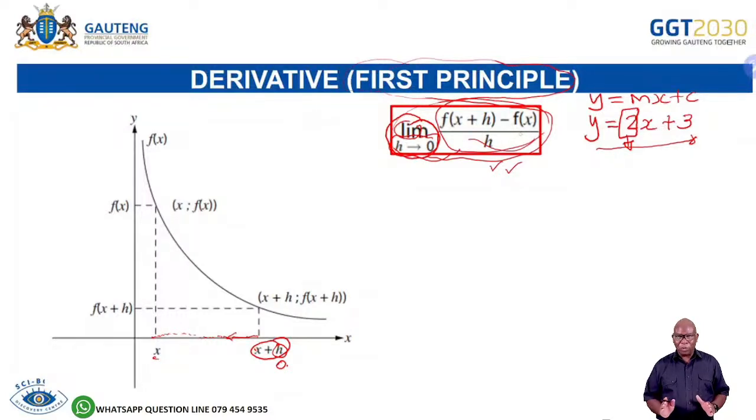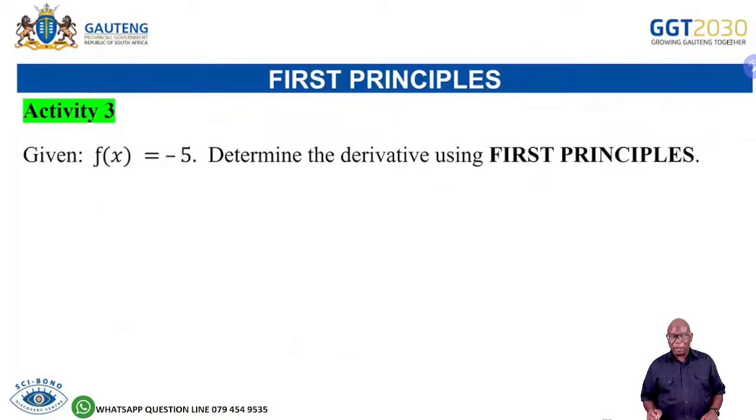So we're trying to move the h closer and closer to that particular point that we're looking for. Okay, right. Now, if we look at this question here, the first principles formula is there in the formula sheet, so you don't have to memorize it.